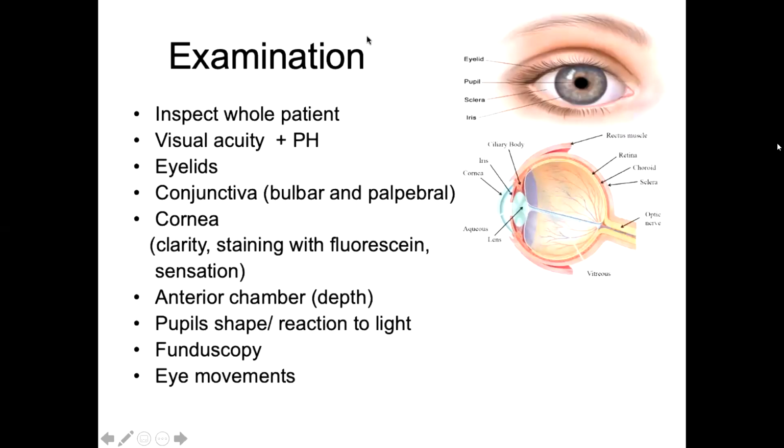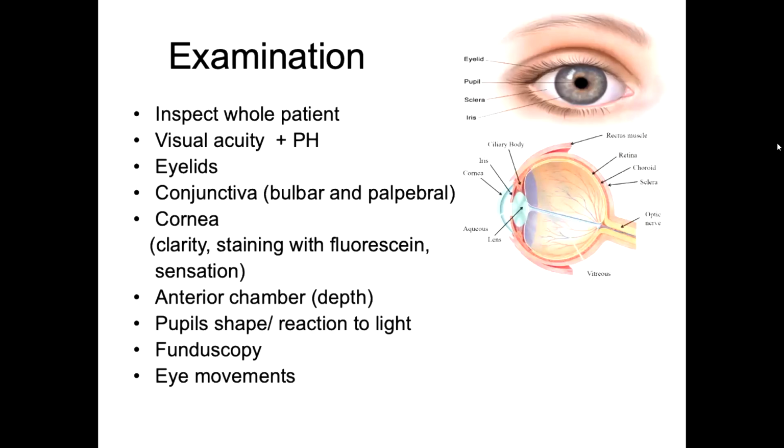Okay, so examination, you have to examine the whole patient first, then inspect the eye and check the visual acuity. What is pH? Those who did the appointment, you should know. Visual acuity plus pH. The nurses will write it, or the people who check the visual acuity will write visual acuity is this plus pH this.